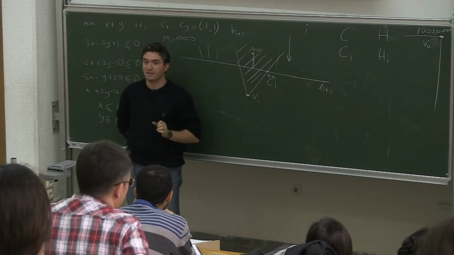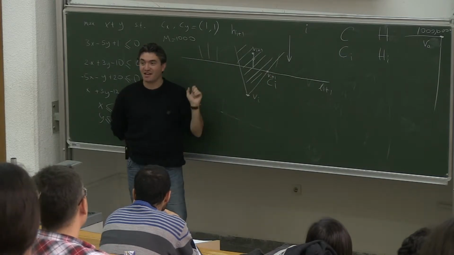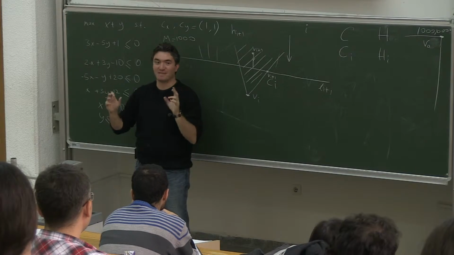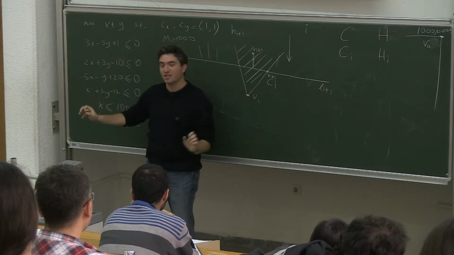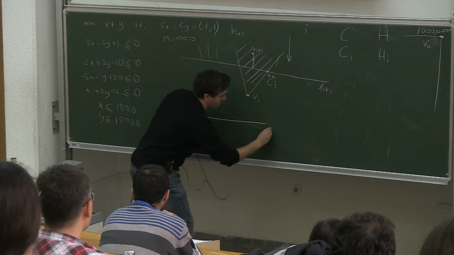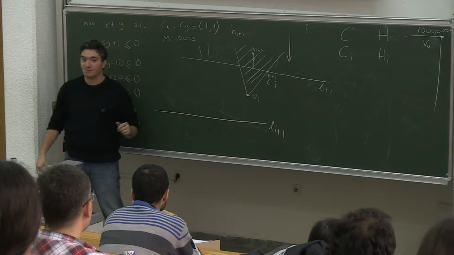We know that this Vi plus 1 is on this line, on Li plus 1. It's not in an arbitrary region. Imagine this is Li plus 1. So it is somewhere on this line. But where is it?